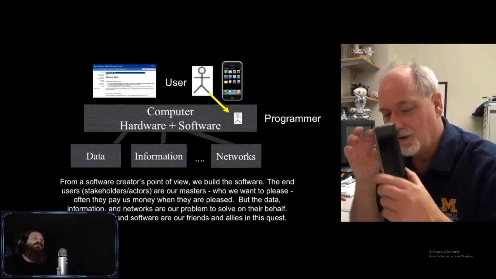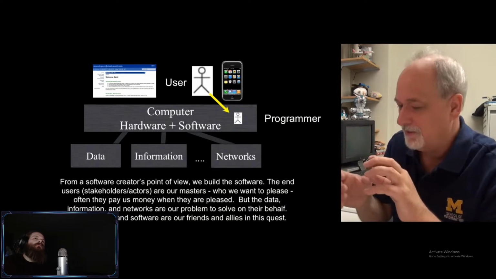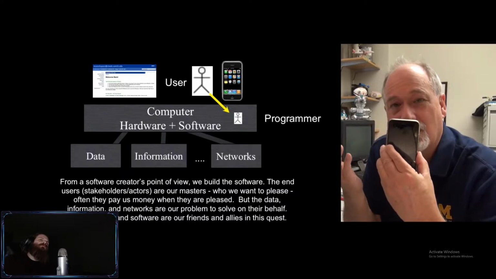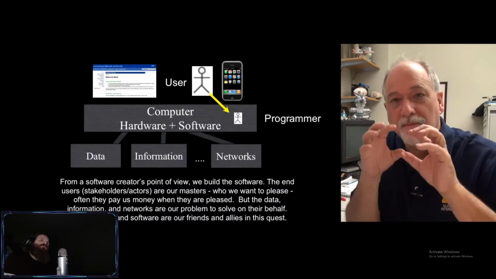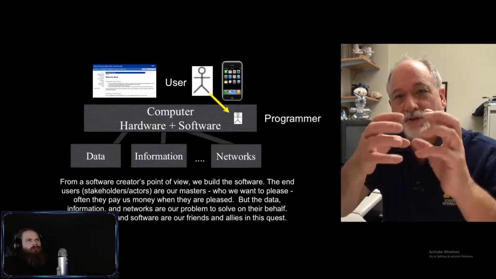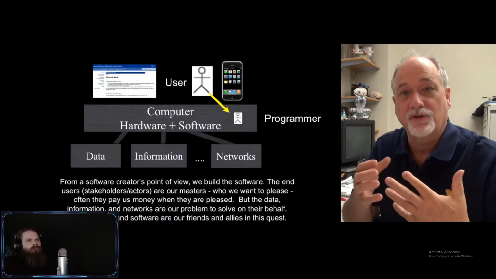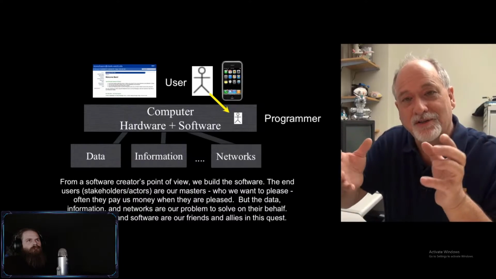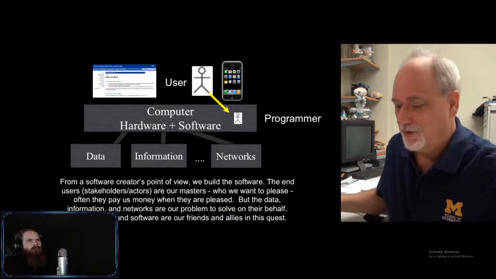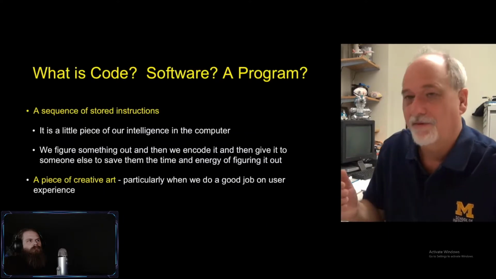And as a programmer, you are kind of mediating between all those internal resources that this has that are not very smart but highly powerful, and mediating with what that user wants, right? And so we take the end user, and we programmers, we serve the end user, but the computer serves us. So together, between us and all the computer's resources, we can serve the needs of the end user.